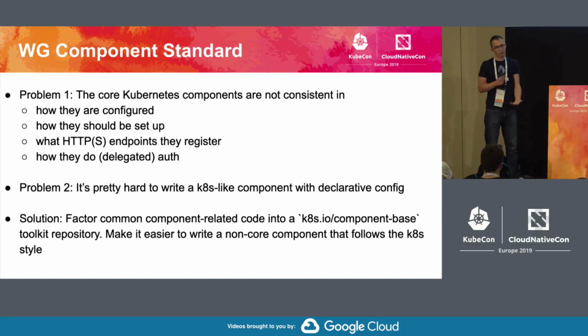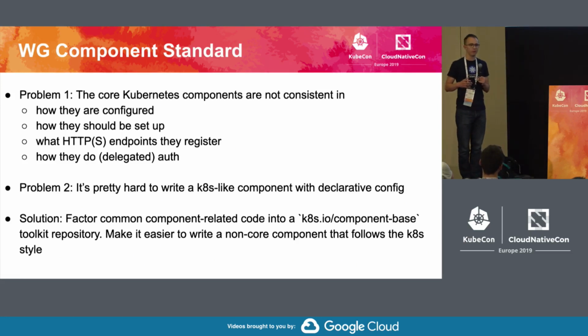Then, even today, there are many components that only do HTTP for things like health checks and a small round trip for metrics and that kind of stuff. And as a Cluster API implementation, I want to mimic the behavior of a Kubernetes component, and I have a fairly hard time doing so.